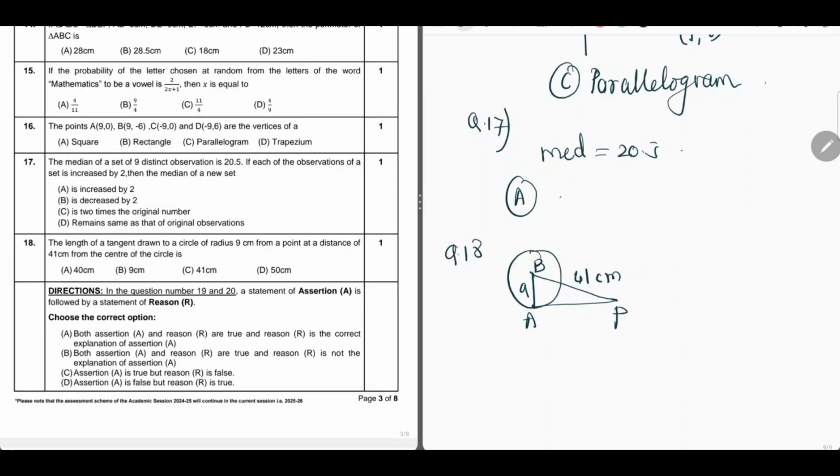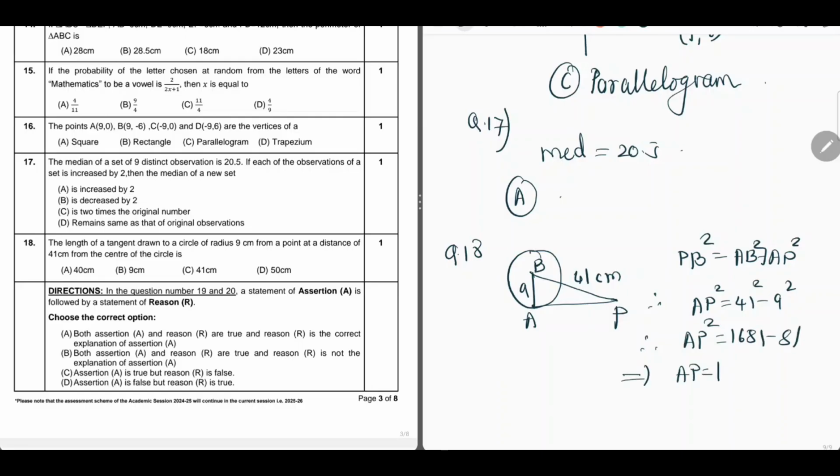So by Pythagoras, PB square is equal to AB square plus AP square, which implies AP square is equal to 41 square minus 9 square. Therefore AP square is equal to 1681 minus 81, which implies AP is equal to square root of 1600. Therefore AP is equal to 40. So that is option A.